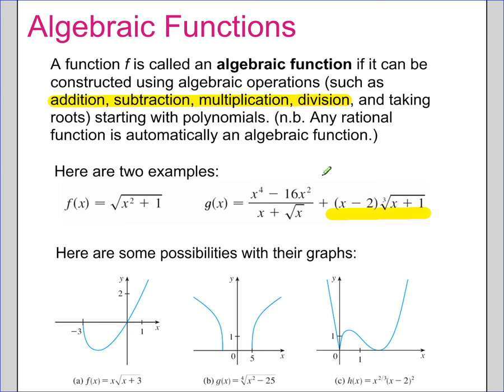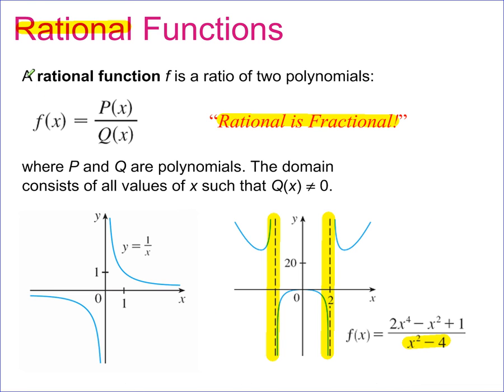Notice that any rational function is also automatically called an algebraic function. So in that previous screen, down there on the lower right, that function called f of x, we could call it an algebraic function, but we can be even more specific because everything is either in the numerator or the denominator.